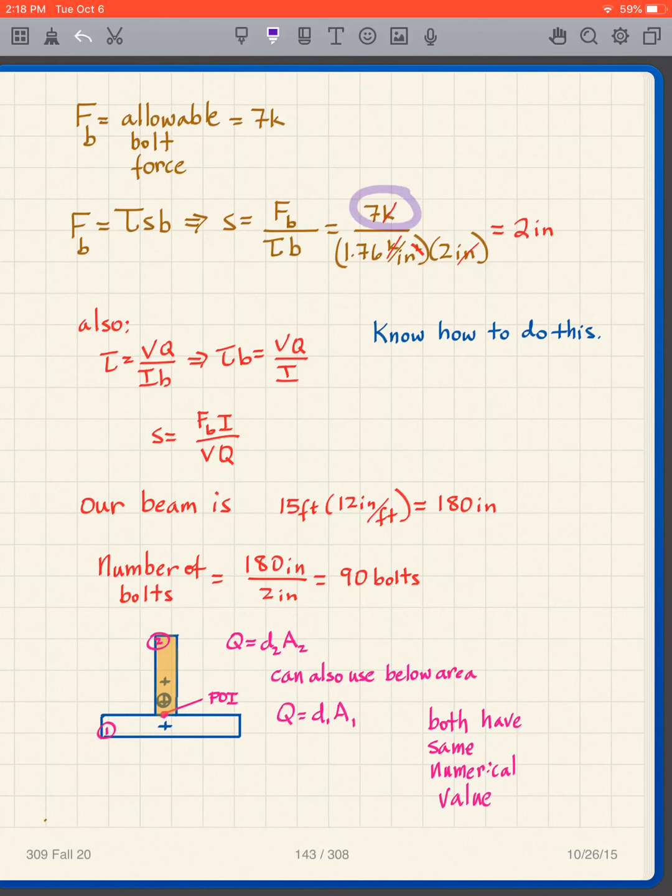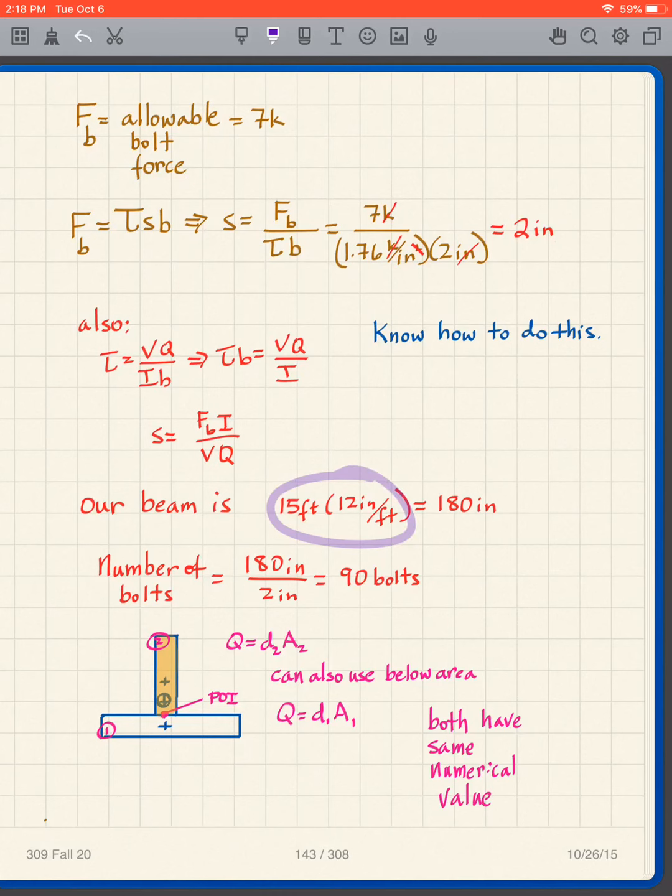So the 7 kips divided by the 1.76 times 2, and you can check the units out, we get unit cancellation here, and so our answer is that the spacing is 2 inches.